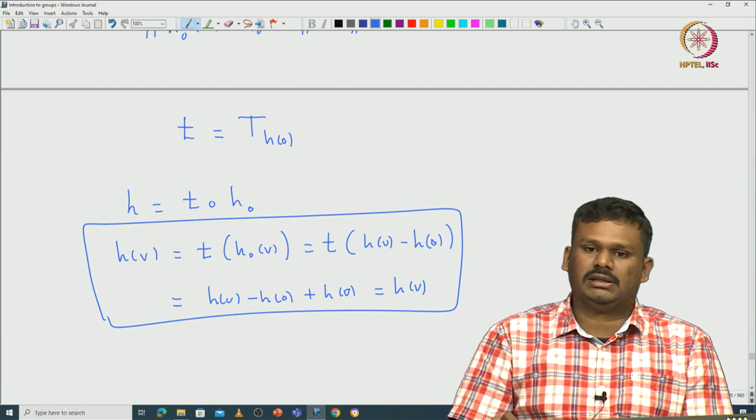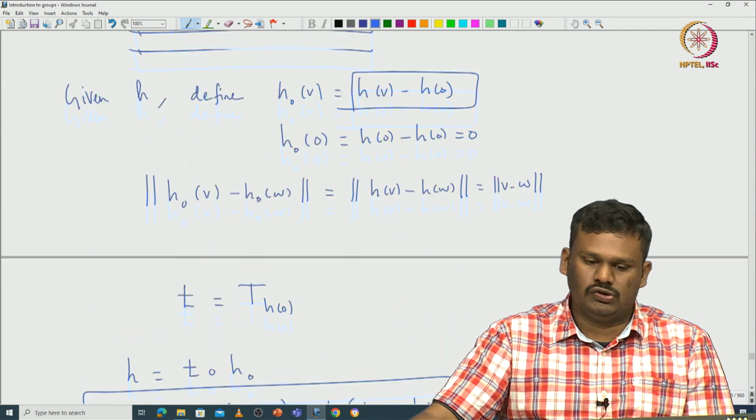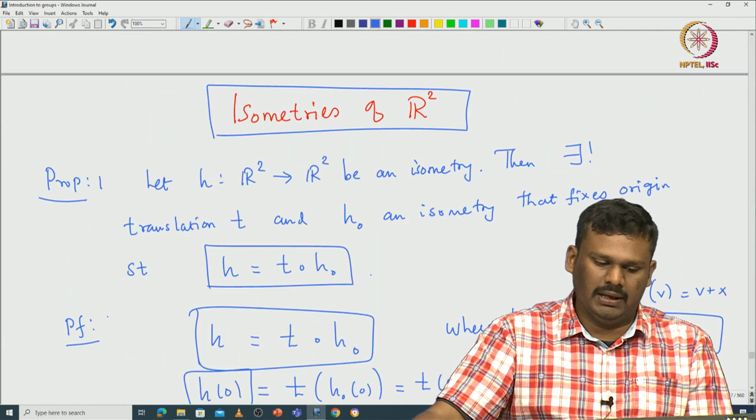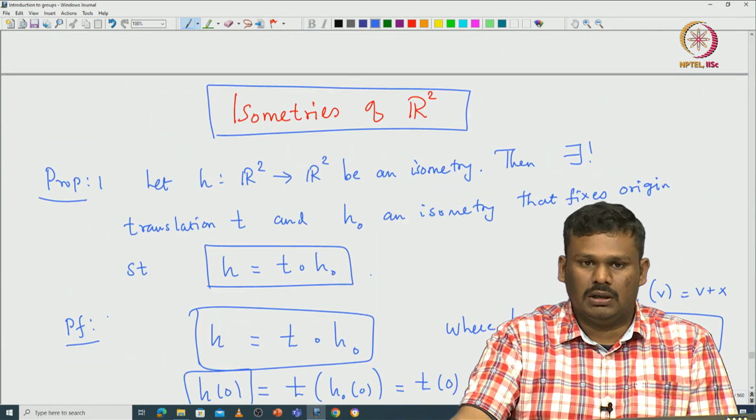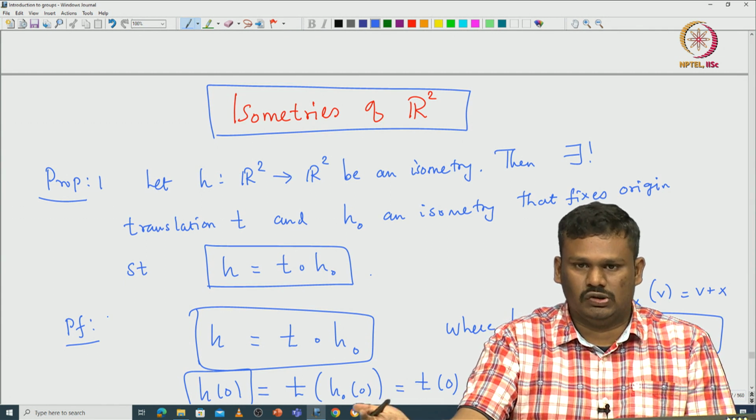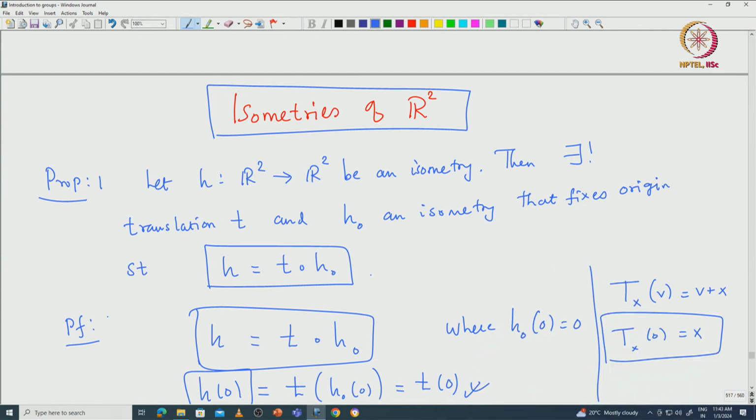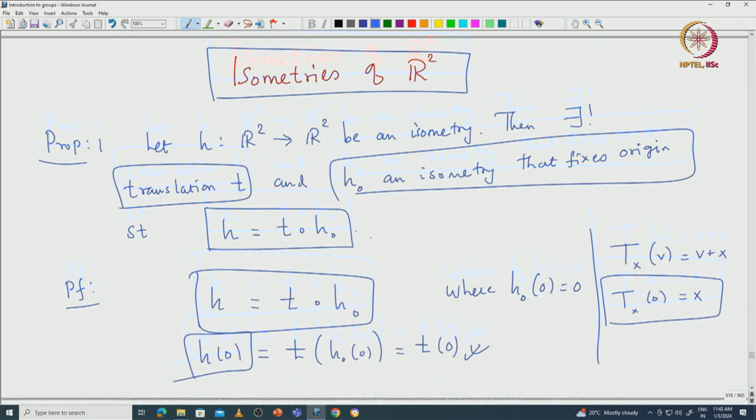So, this computation tells you that any given isometry can be obtained by composition of a translation and another isometry that fixes origin. So, this means you can reduce your attention to only translations and isometries that fix origin. Okay.